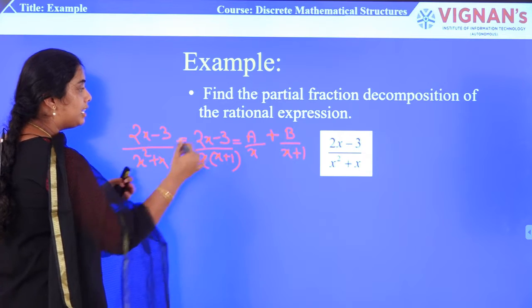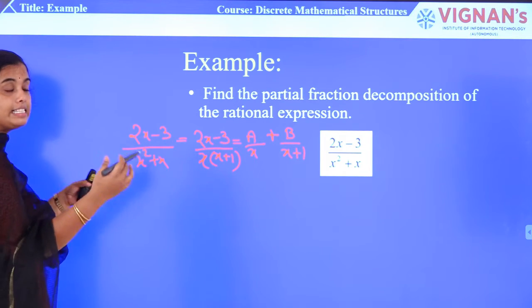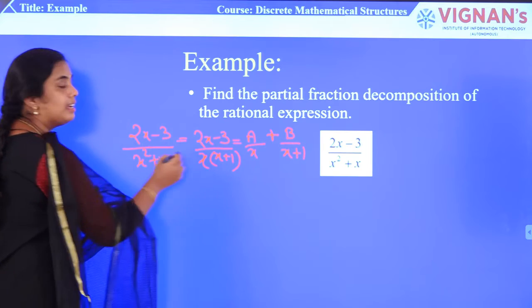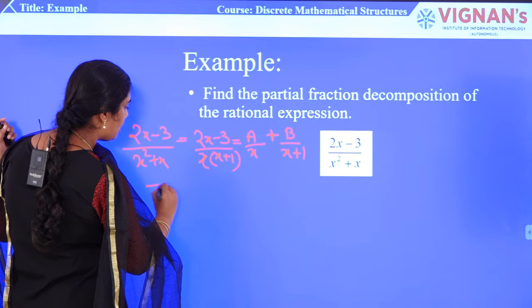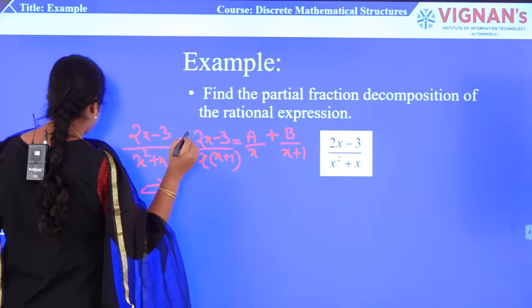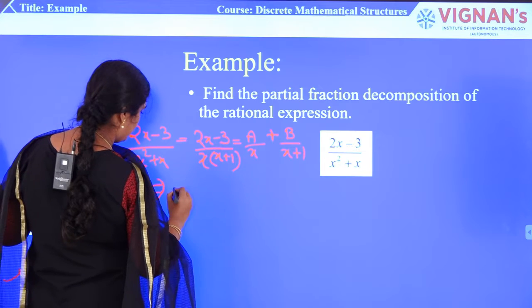Now according to the third step, we need to reduce the denominator, so we need to multiply with the LCD. The LCD of this is x into (x plus 1). So I will be multiplying both sides with x into (x plus 1). I will change the color, it will look a little easier for you.